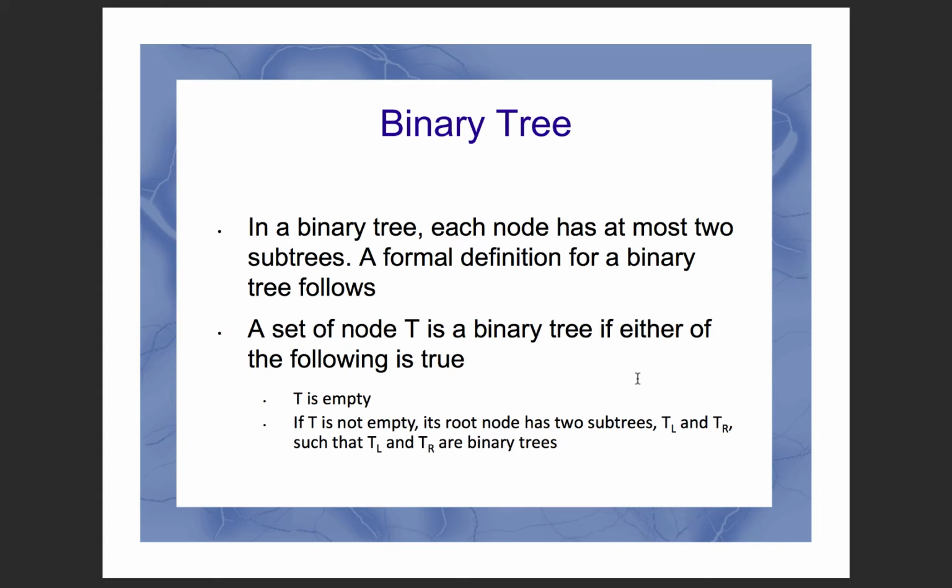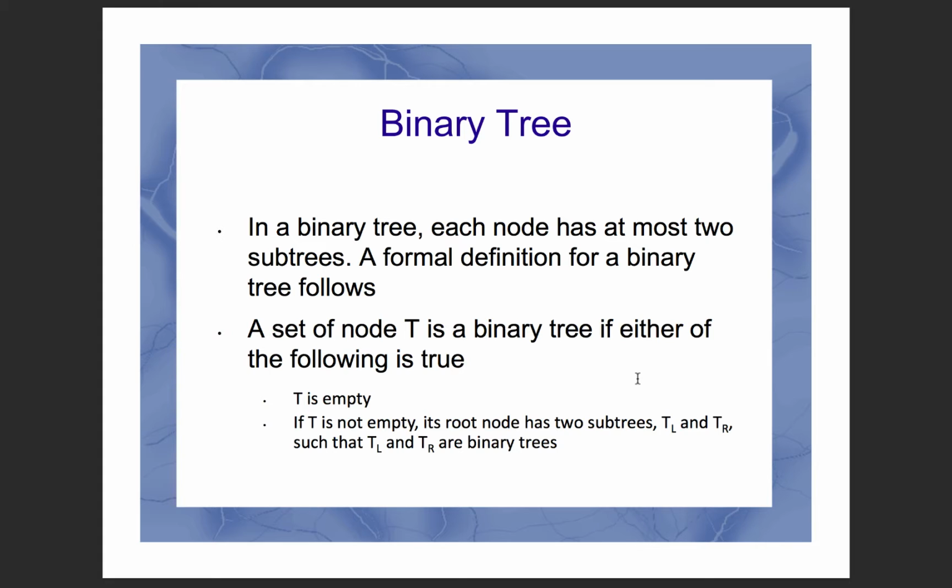That means in a binary tree you never have more than two children, or more than two successors. In our previous example we have seen that a node might have several successors. It can be three, four, hundreds, or thousands. But in a binary tree you never have more than two successors or subtrees. So this is a kind of tree, but it has some restrictions.